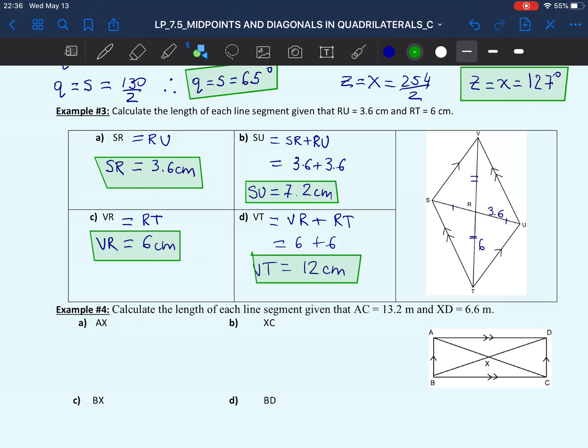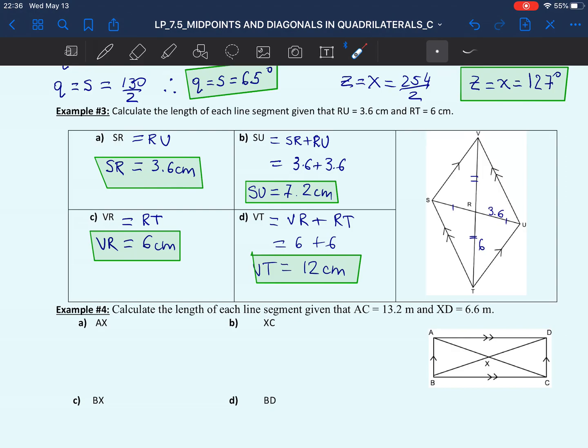Okay, moving on to the next example. We have to find the length of each line segment, if we are given that AC is 13.2 and XD is 6.6 meters in this case. So what do we see in this diagram? We see that we have a quadrilateral ABCD, and we see that it has two sets of parallel sides.